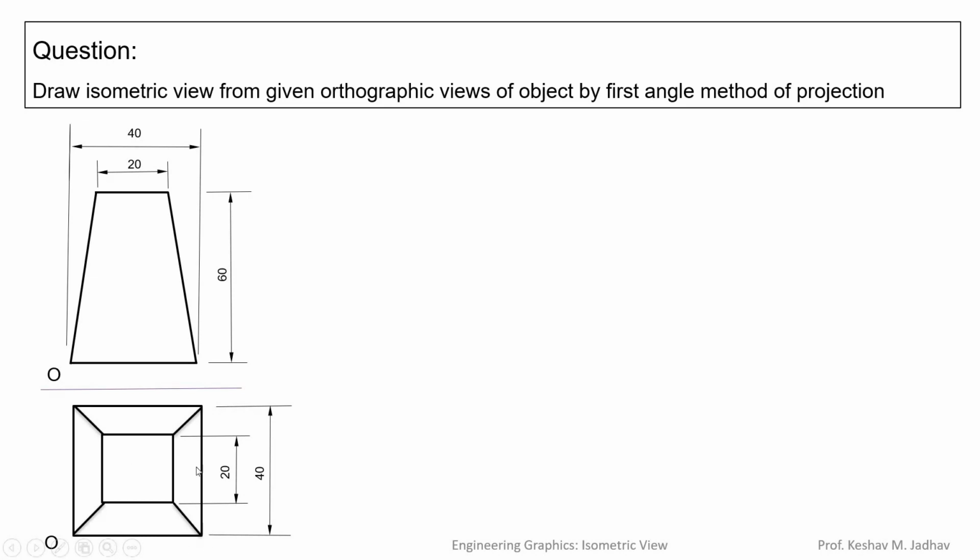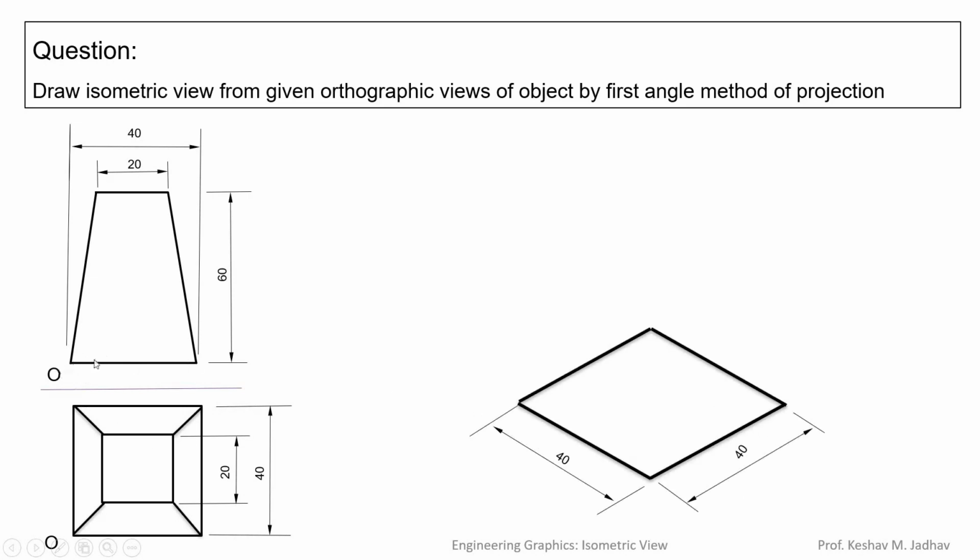So this is the square of 40 by 40 in the top view, and if you take the projection in the front view, there is a horizontal line at the base of 40 mm. So this square is at the base like this. So this is the square of 40 by 40 and it is at the bottom side in the front view.